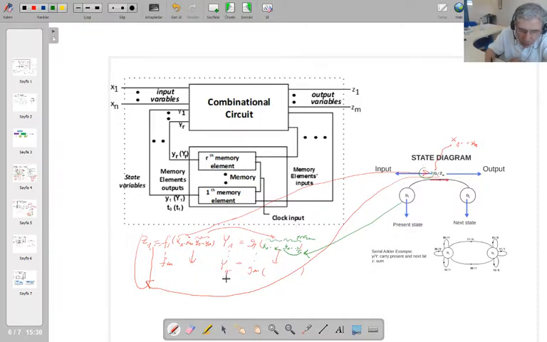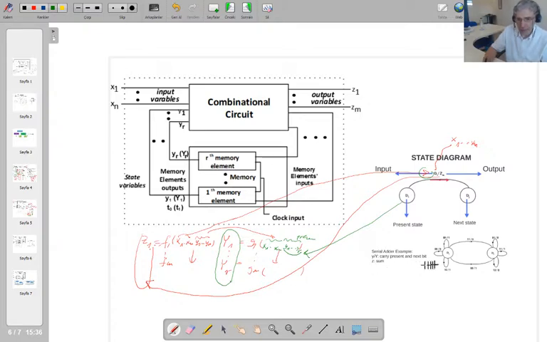From these next state functions, you can find the next state. So that present state goes to the next state, and we write an arrow, and there's a line between this present state and next state. That arrow tells me we go from present state to the next state. So if you draw this, then this diagram is going to be called state diagram. If we do an example, then you understand it much better.